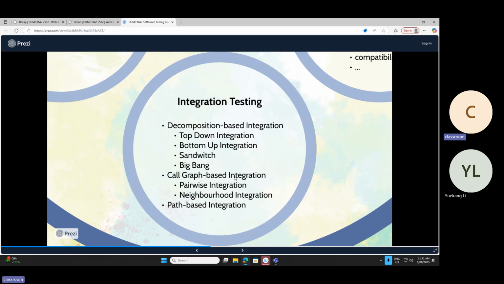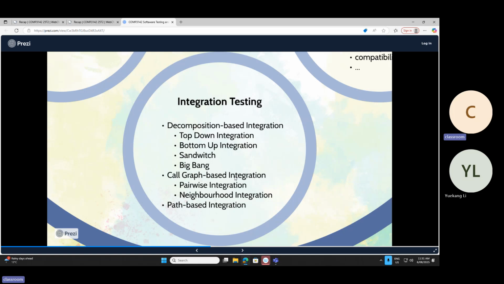Decomposition means we are decomposing the entire software according to some rules, right?